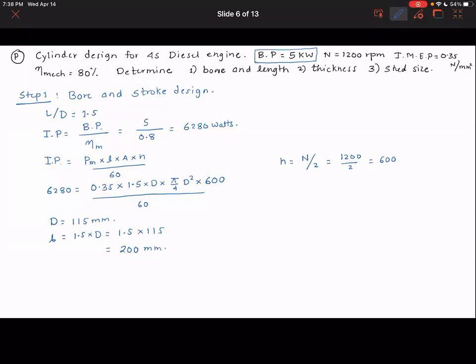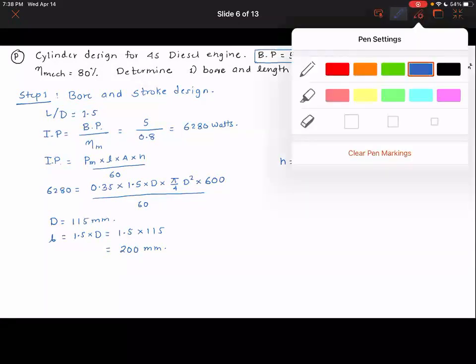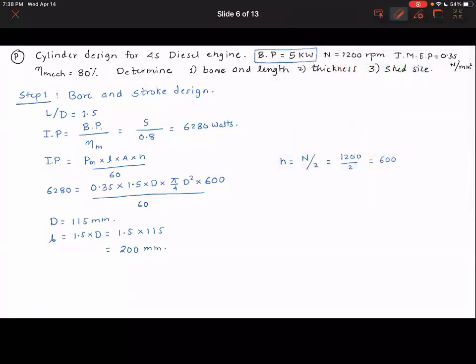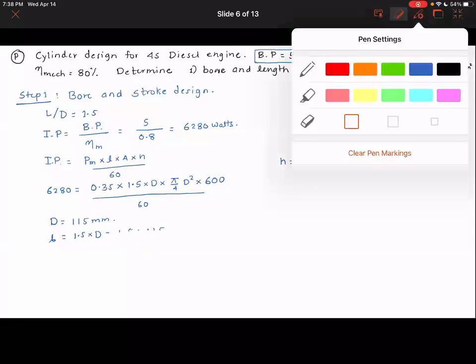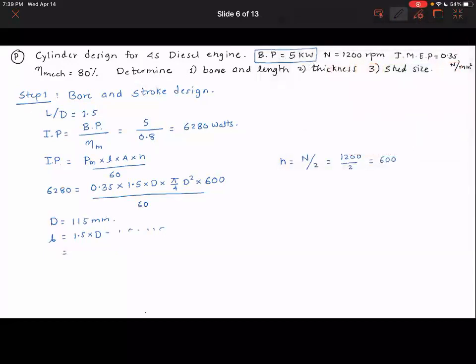Actually, I made a mistake here. It is 1.5 times 115, and that is about 175 millimeter.